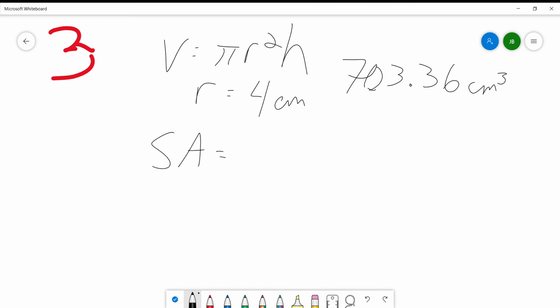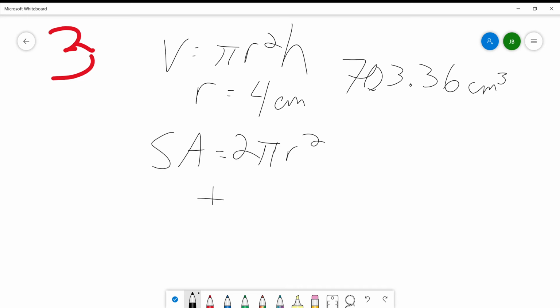The surface area. We have the top and the bottom, which is the area of the circle, pi r squared. But there are two of those circles, so it's 2 pi r squared. That is the surface area of the circles, and then we add the curved surface.